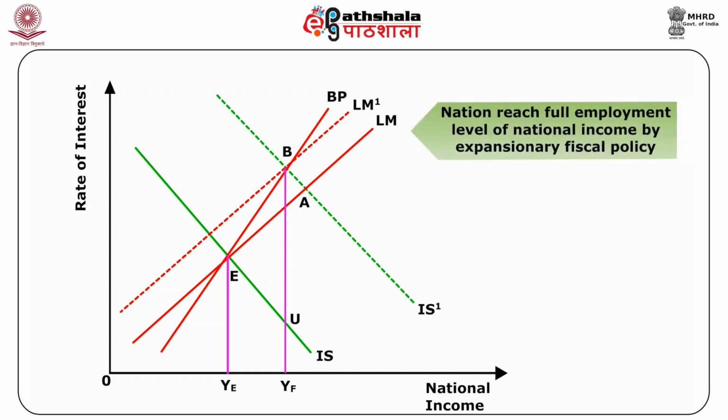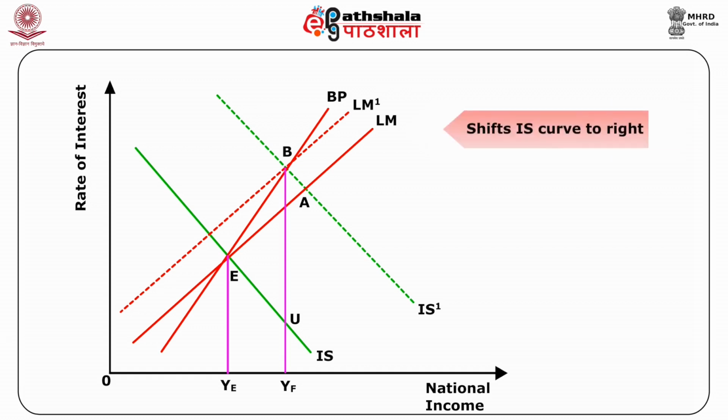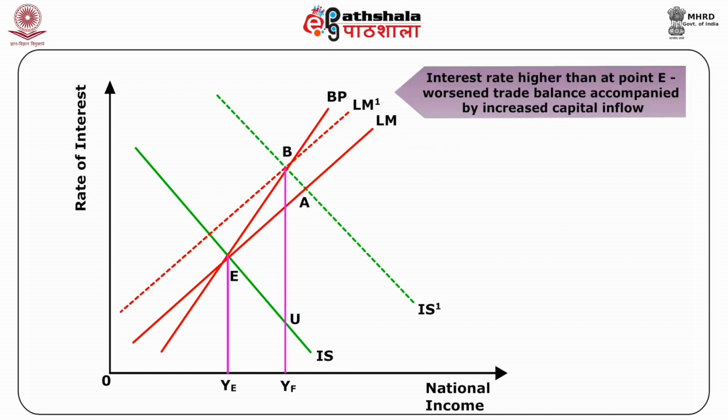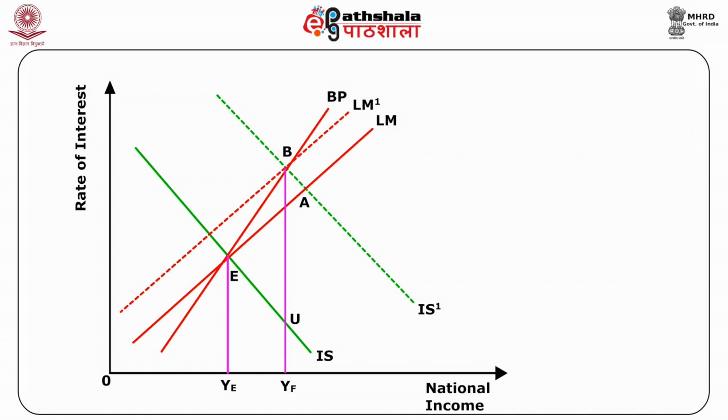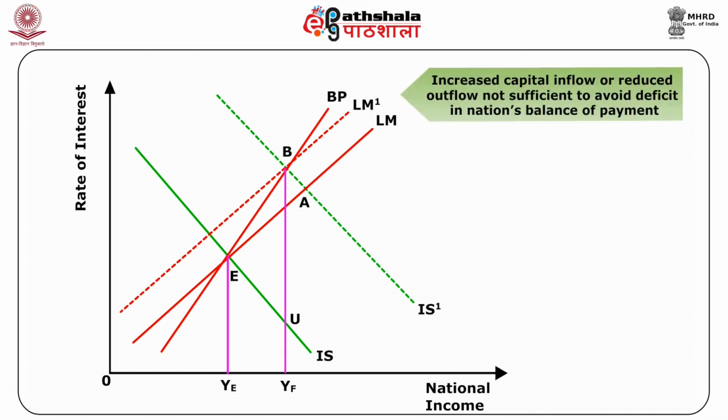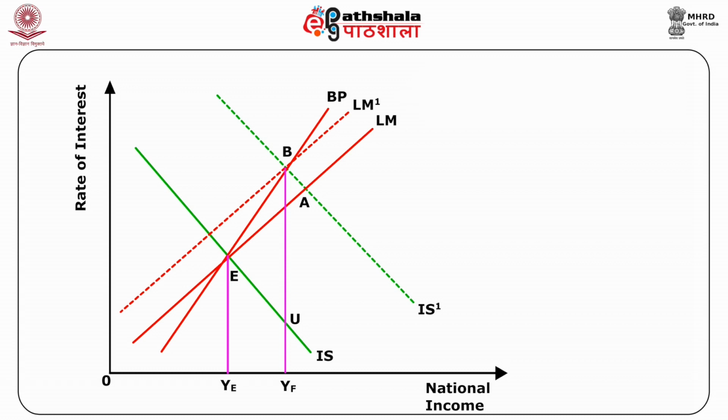So now the nation could reach the full employment level of national income by an expansionary fiscal policy that shifts the IS curve to the right so as to cross point A. At point A, the interest rate is higher than at point E, so that the worsened trade balance is accompanied by an increased capital inflow. However, this increased capital inflow or reduced outflow is not sufficient to avoid a deficit in the nation's balance of payments, as point A is to the right of the BP curve.